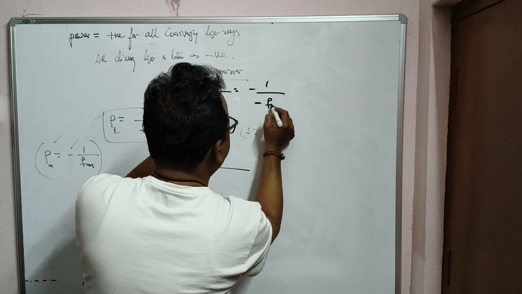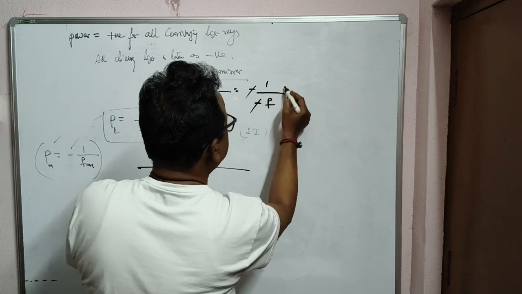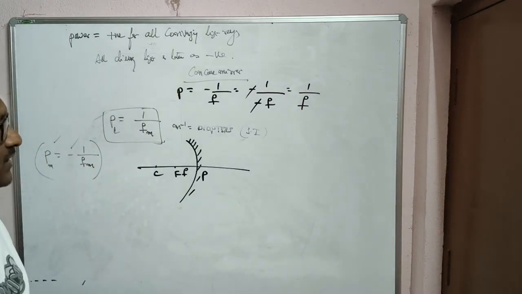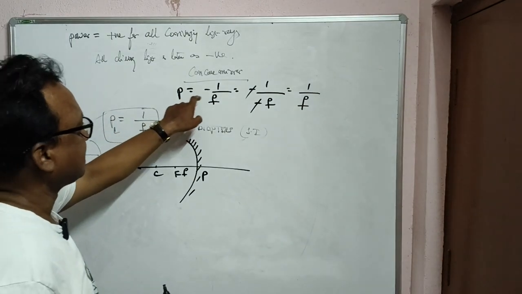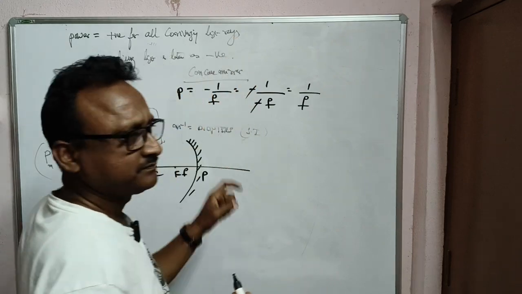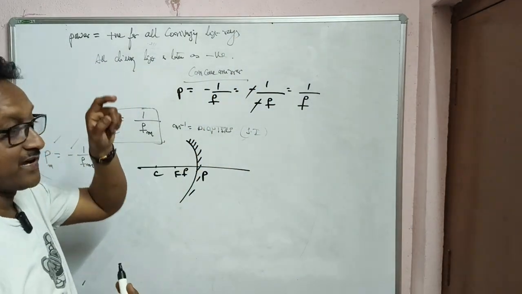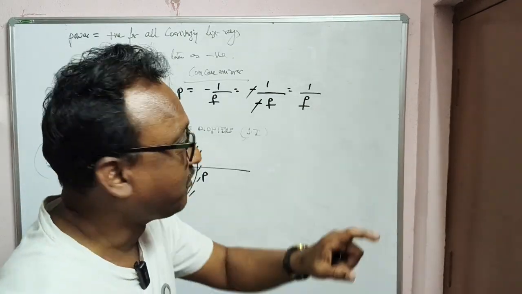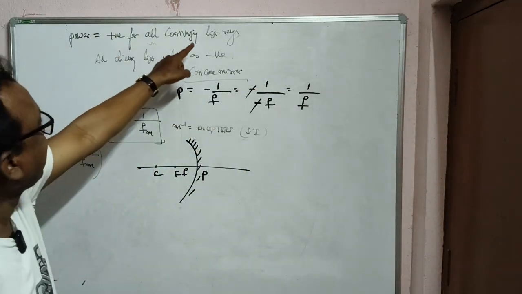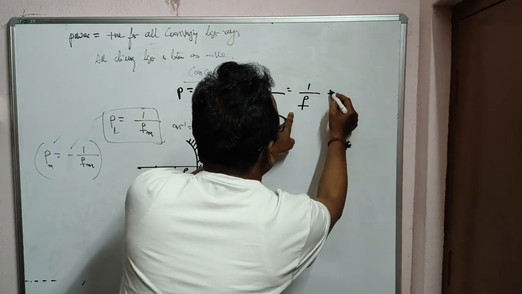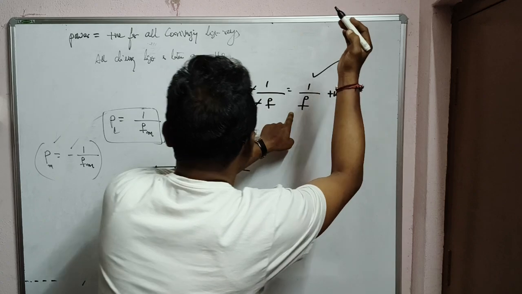So minus minus gets cancelled, that is equal to 1 by f. So power is equal to 1 by f. But what is a concave mirror? It is a converging one. What did I tell you in the beginning? All converging is taken as positive power. You got positive power. So it is right.